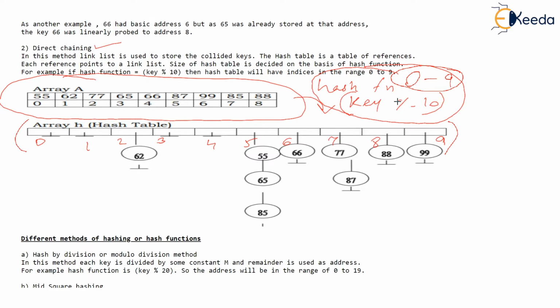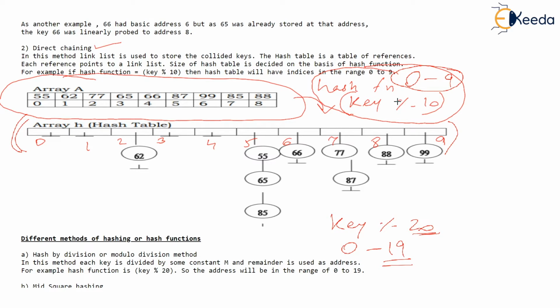So what if the hash function we used was key % 20? Then the addresses would be in the range 0 to 19. 19 can be the largest remainder, isn't it, if you are dividing any key with 20? In that case, the hash table size should be 0 to 19 elements.